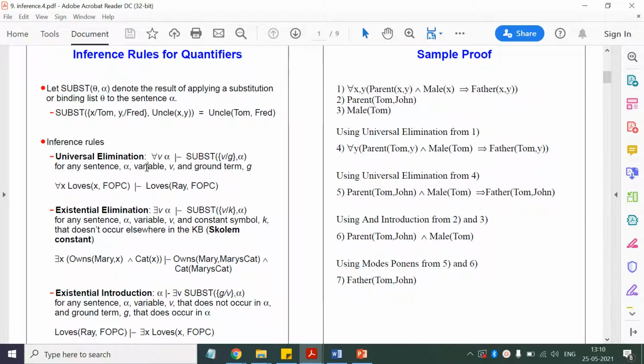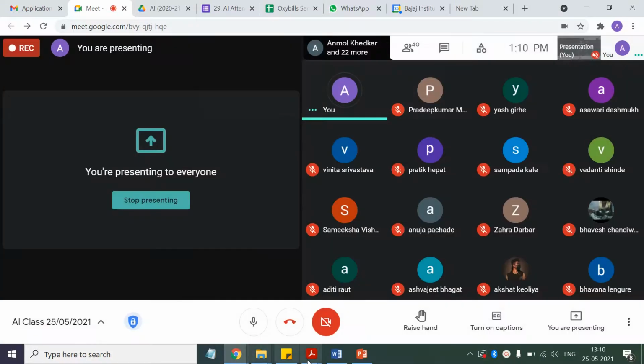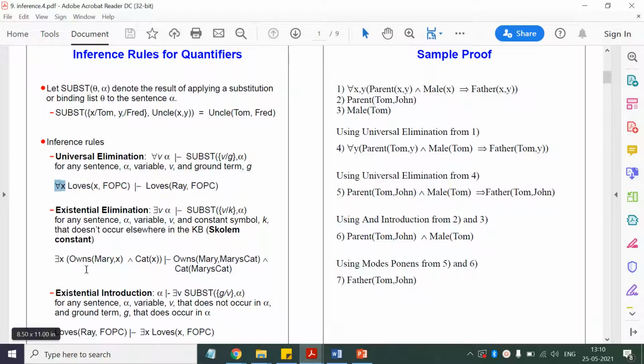Now the first inference rule is universal elimination. Here you are going to eliminate the universal quantifier. We know that this is our universal quantifier, right? So by universal elimination we try to remove the universal quantifier.